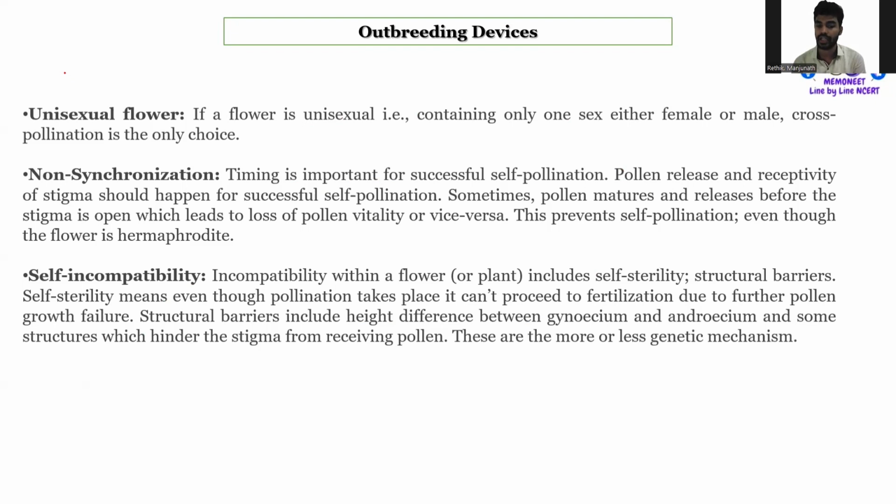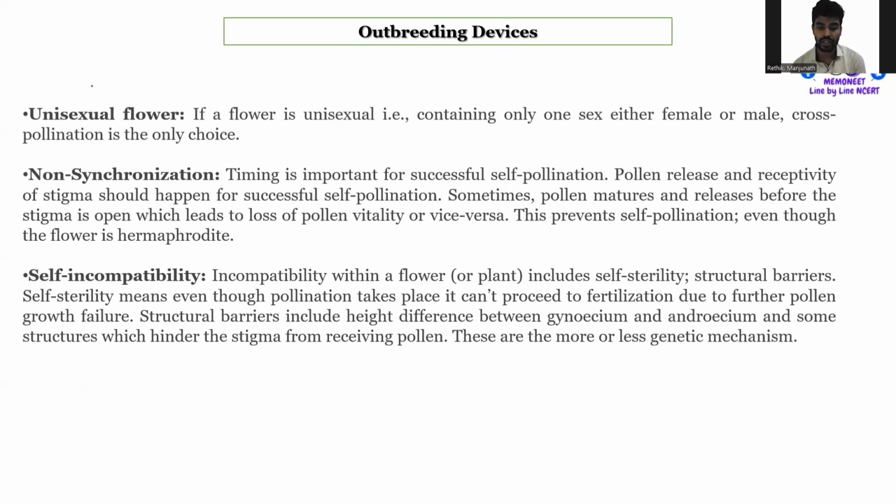That means the pollen comes in contact with the stigma of the same flower itself, so pollination happens within the same flower. Then you won't get the desired characters. So that's why some outbreeding devices are there in the plant itself to avoid self-pollination, that is, pollination within the same flower.